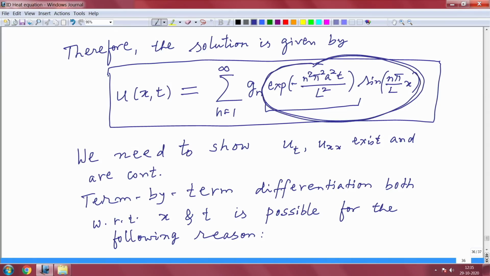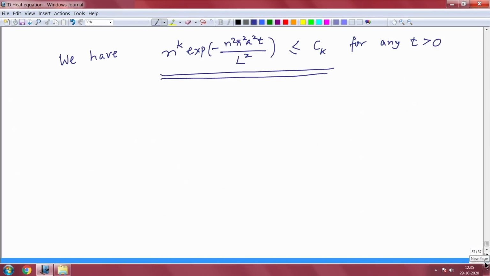So, there is absolutely no problem in doing term by term differentiation. So, therefore, u is the required solution. We have already seen the uniqueness, and so this is the only solution of the stated problem.